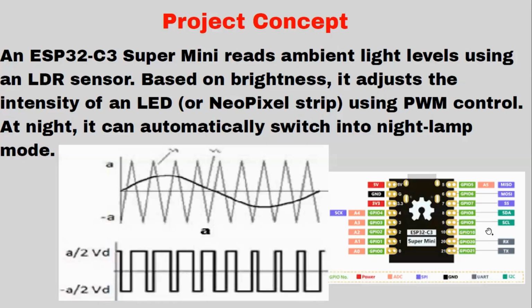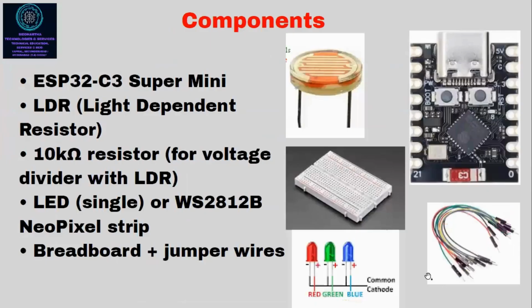That means the facility should be there. Most of the GPIO pins will have PWM except one or two, or maybe four or five. The rest of the other pins, let it be analog or anything else, all of them will work on the PWM frequency.